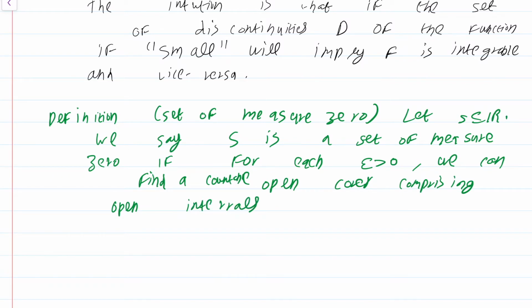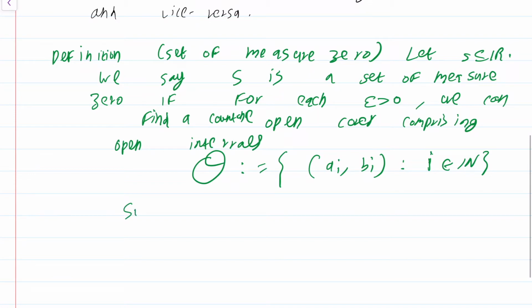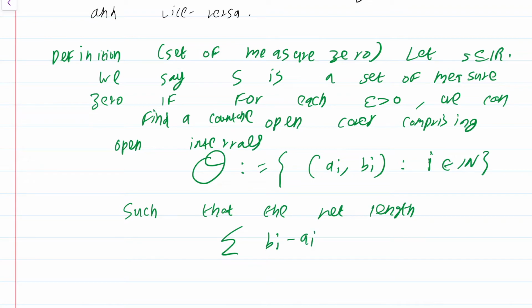Let's call this some fancy O. This is just a collection of open intervals (ai, bi), where i comes from the natural numbers. So for each epsilon greater than 0, we can find a countable open cover comprising open intervals such that the net length, the summation of (bi minus ai), is less than epsilon.